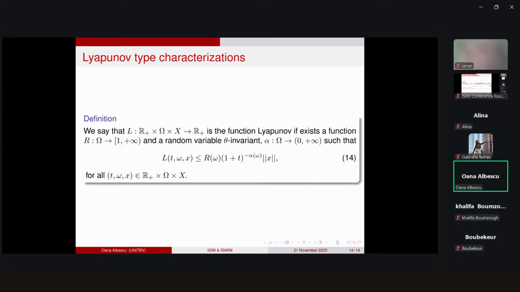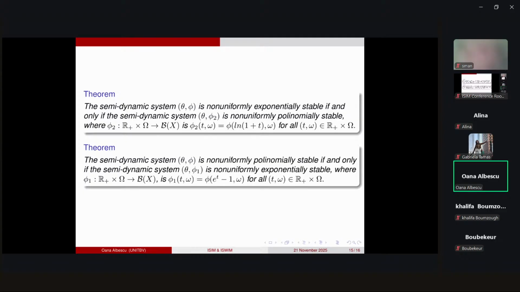Finally, we move to the Lyapunov approach for polynomial stability. Here, a Lyapunov function is a tool that helps us measure the size of the system state. The first theorem says that a system is non-uniformly exponentially stable if and only if a related system defined by taking the logarithm of time is non-uniformly polynomially stable.